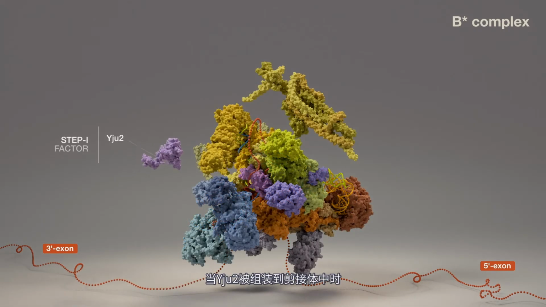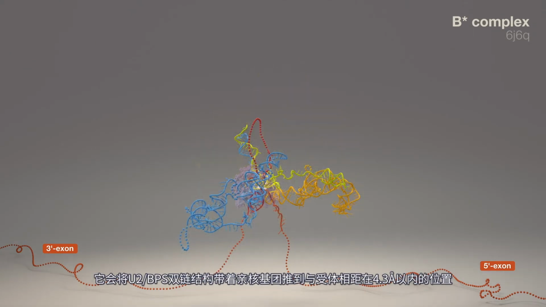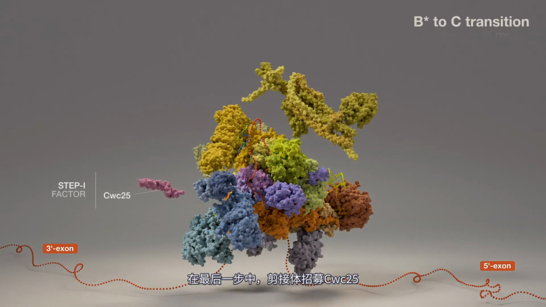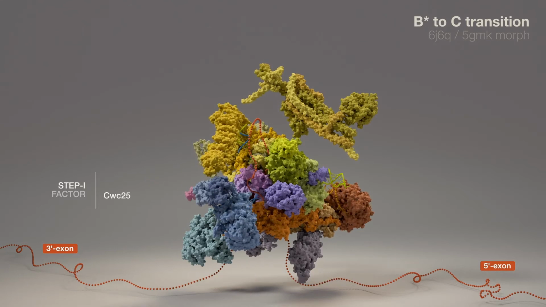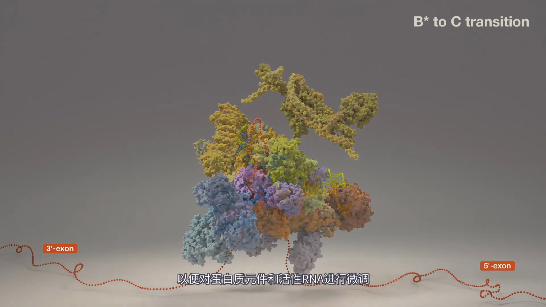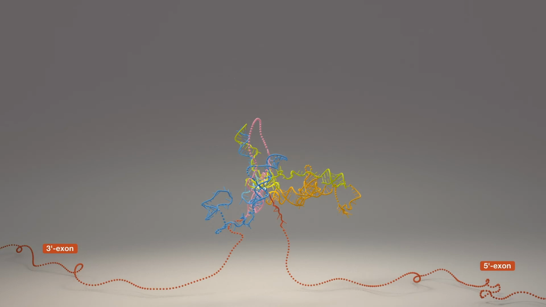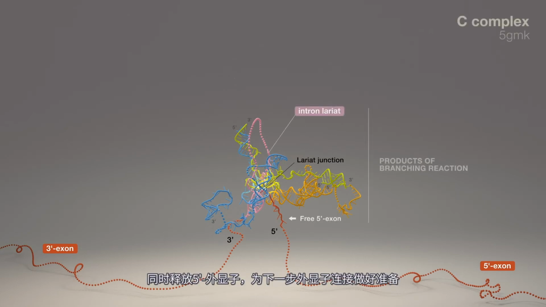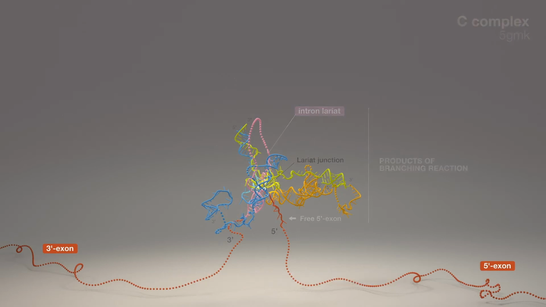As YJU2 is loaded into the spliceosome, it pushes the U2 BPS duplex and the nucleophile to within 4.3 angstroms. In the final step, CWC25 is recruited, allowing fine adjustment of protein elements and the active RNA. The branching reaction can proceed, producing the intron lariat and freeing the 5' exon to set up exon ligation.